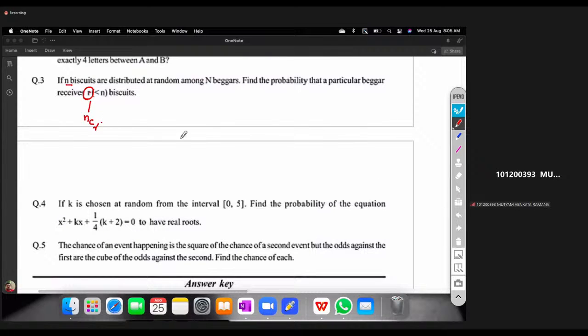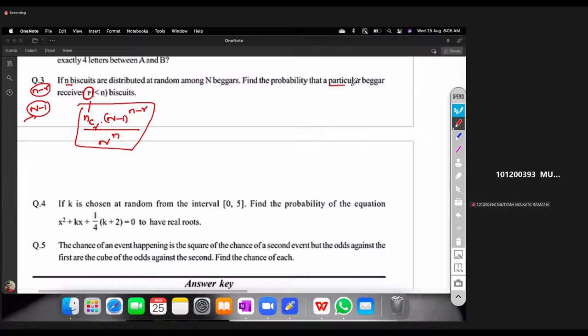Now, the remaining n minus 1 beggars will get n minus R biscuits. So the first biscuit will go to n minus 1, the second one n minus 1, the third one the same. So n minus 1 to the power of n minus R, but the total number of ways will be n to the power of n.